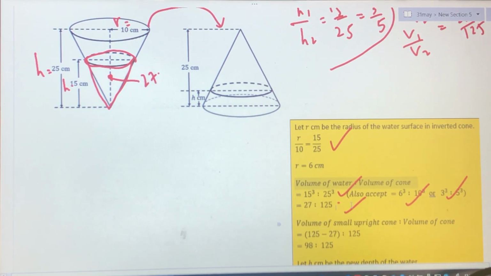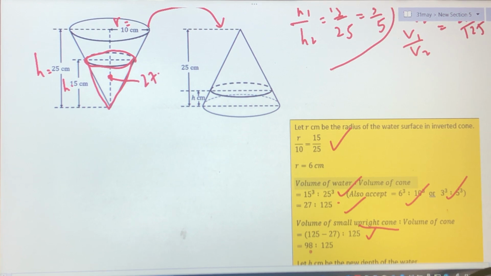I want to show you here the volume of the small upright cone. Upright cone means this one, this part here, and the volume of the whole cone is still 125. This part here is 98. You follow?